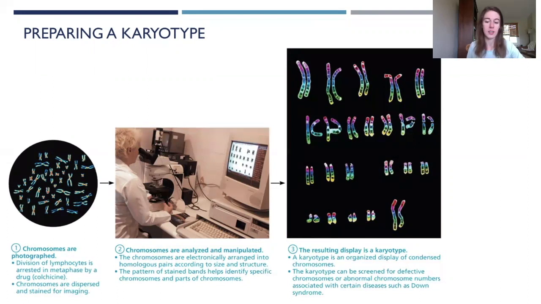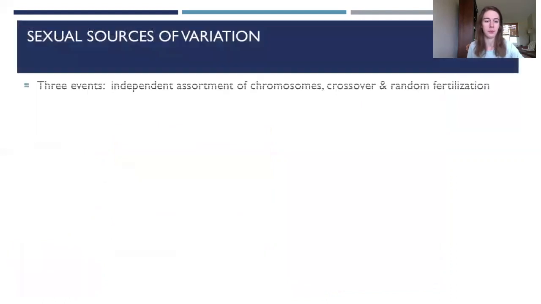And this can be good for various reasons, but the main thing is to see if you have any genetic disorders like Down syndrome that you could be testing in utero, like a fetus before a baby is even born, to kind of know some of the diseases that fetus could have. You can check for them this way.